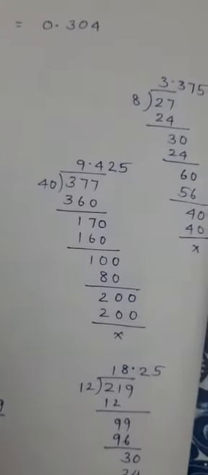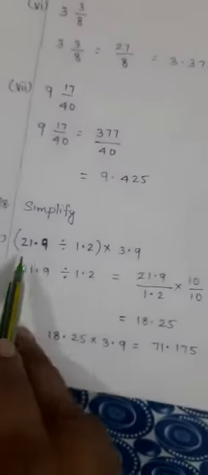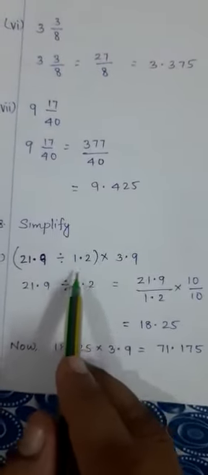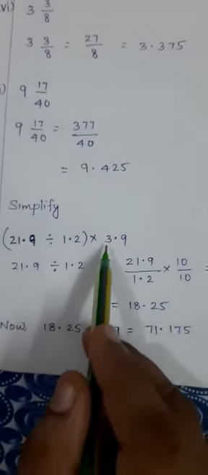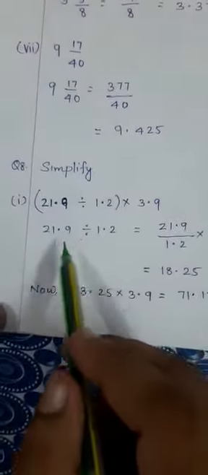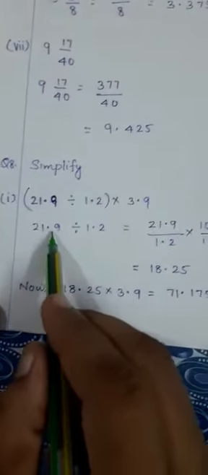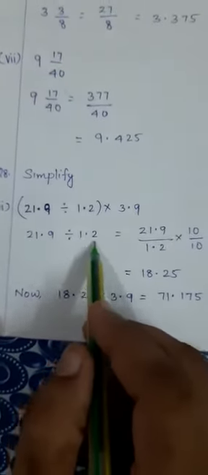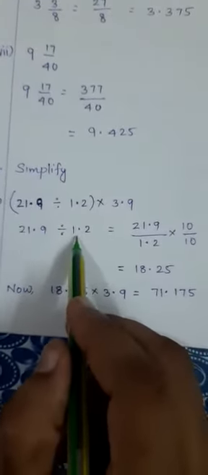Next question, simplifying. 21.9 divided by 1.2, multiplied by 3.9. First, solving the bracket here. 21.9 divided by 1.2. Here the divisor contains a decimal point.